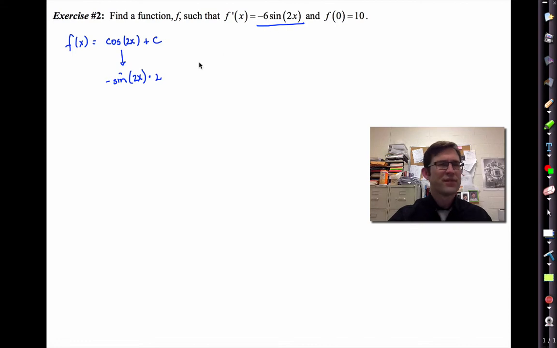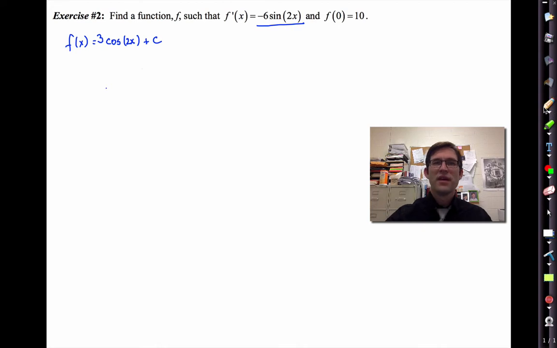So let's compare. Looks pretty good, but I need a negative 6, and all I have is a negative 2. I think if I put a positive 3 there, it would get the job right, because negative 1, 2, 3 gives me negative 6.